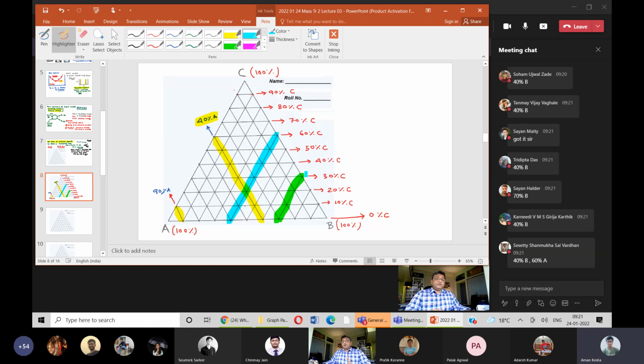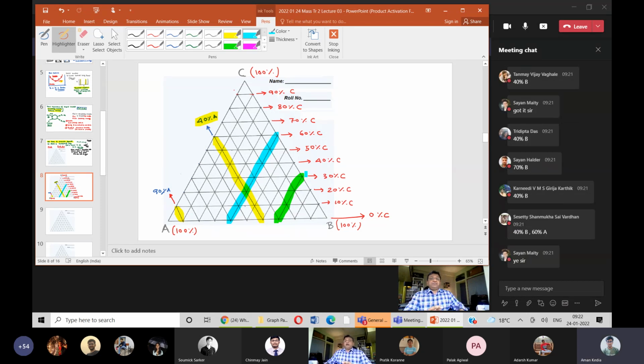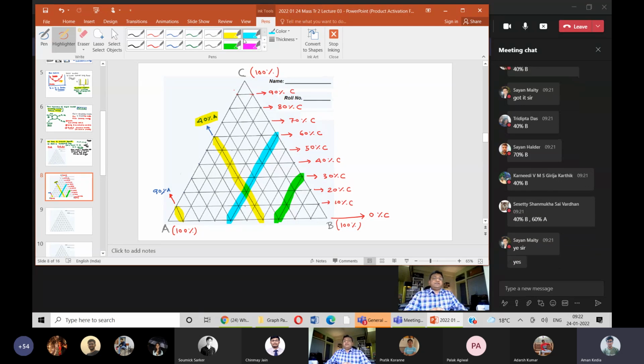Cleared with everyone? So again, a quick cross check now. This green line is 70% B. Everybody understands it, yes or no? Clear to everyone? And the blue line is 40% B. This is clear with everyone?